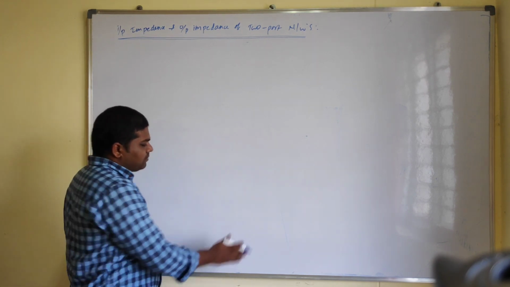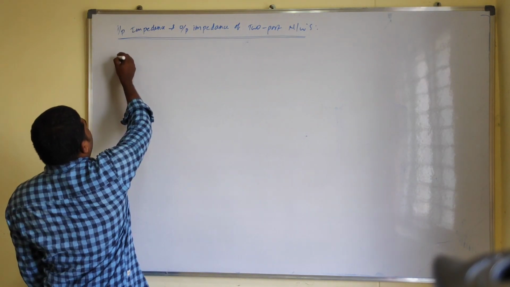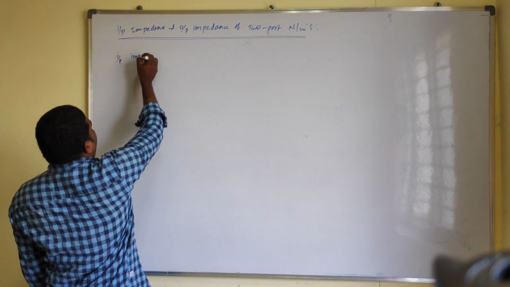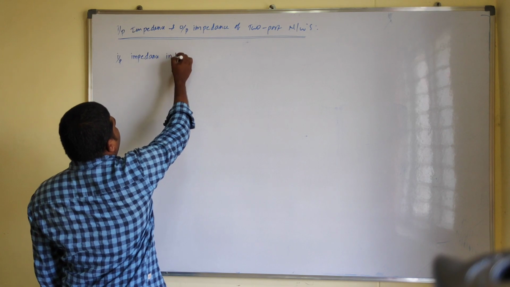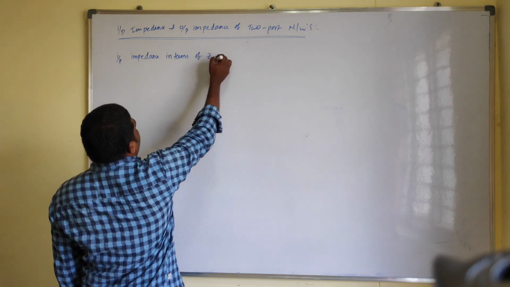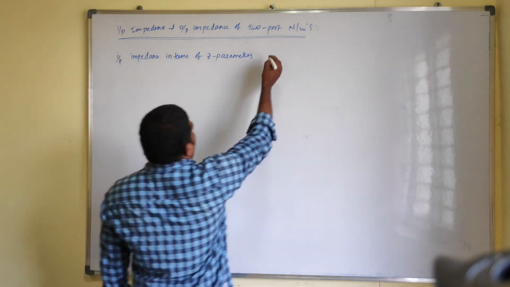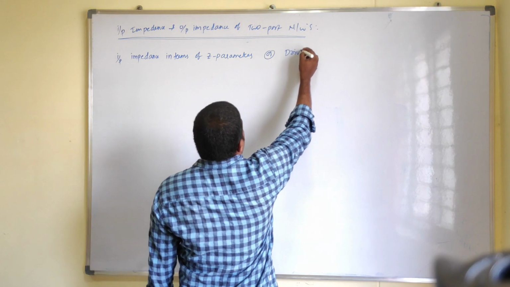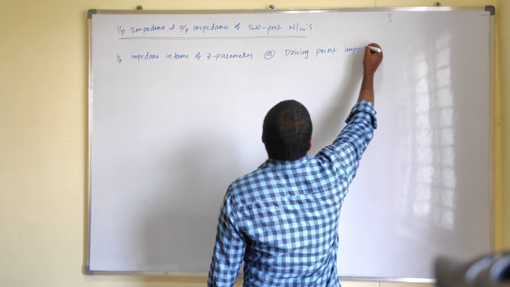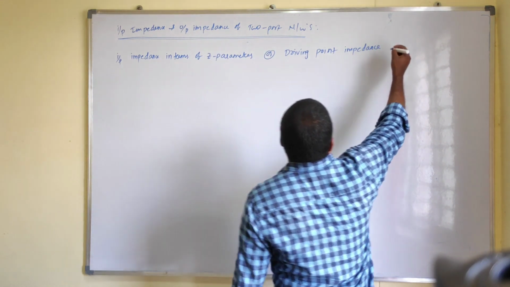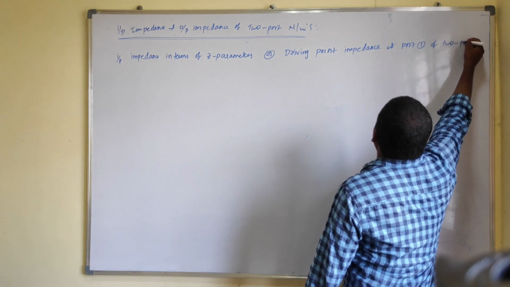First, input impedance in terms of Z parameters, which is also called the driving point impedance at port 1 of the two port network.